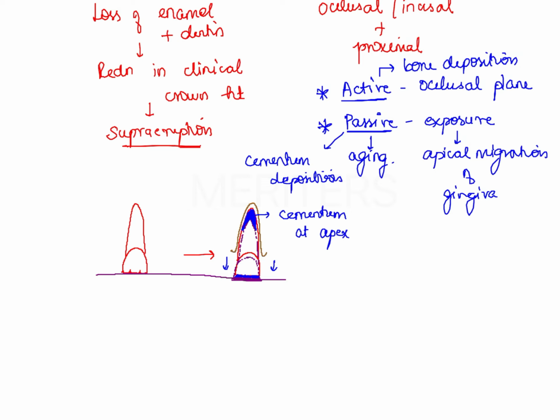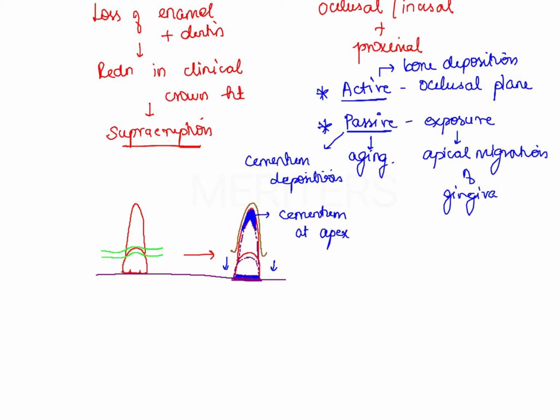And now we can understand that by this picture. So, normally the level of gingiva will be on the enamel, but if there is attrition followed by supra-eruption, what happens? We can observe there is apical migration of the gingiva because there is incisal movement of the tooth towards the incisal plane.